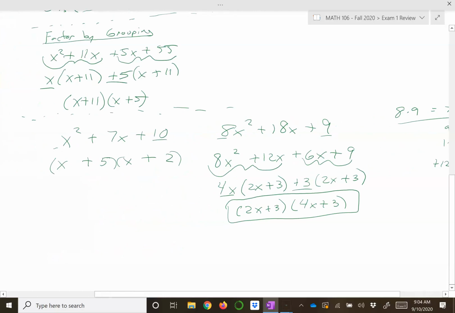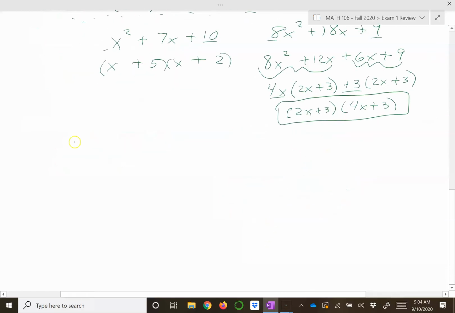Okay, what else? Well, there's one more type. If you had something like this, what's your first clue when you see a two-termed polynomial?